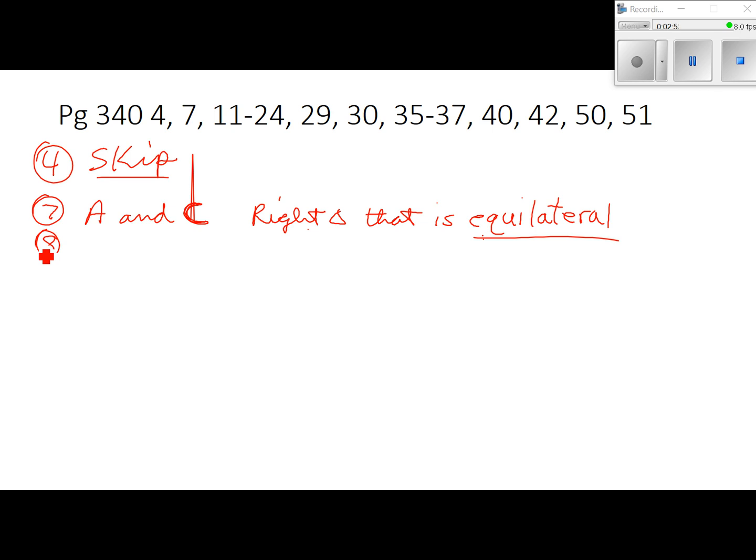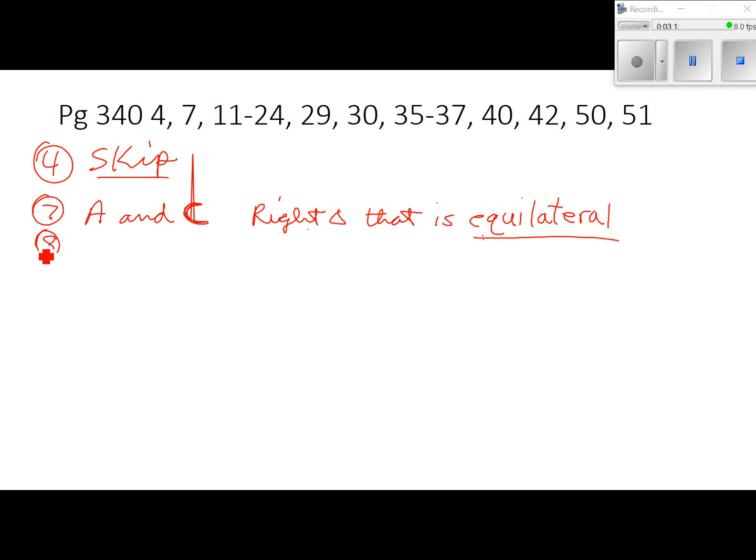Number 8. A says both angle X and angle Y have a measure greater than 20. B says both angle X and angle Y have a measure less than 30. And C says the measure of angle X plus the measure of angle Y equals 62 degrees.